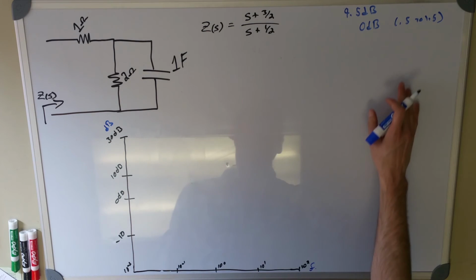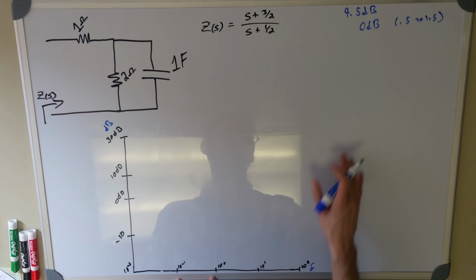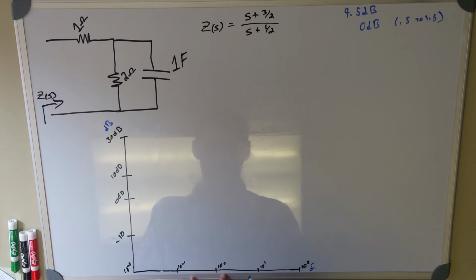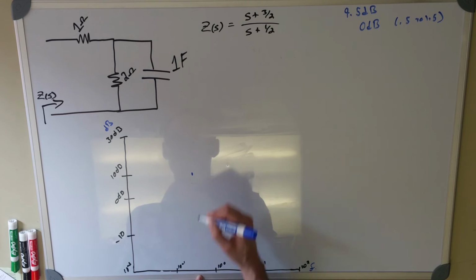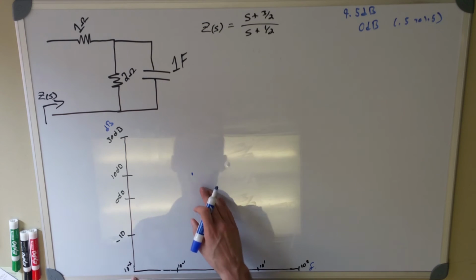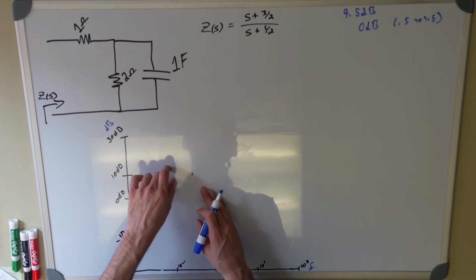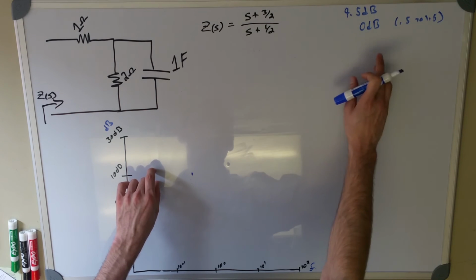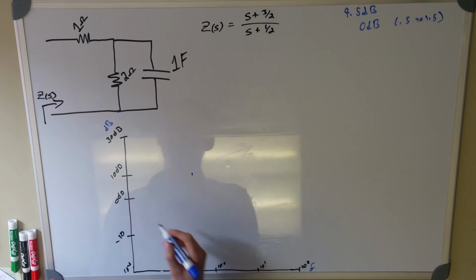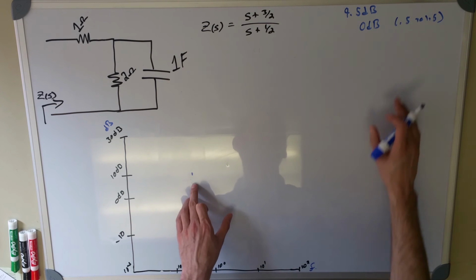So we can look here, let's say about 0.5 at around 9.5 dB is our point. And we know, because there's no S, that it's just going to be a straight line from there to there.